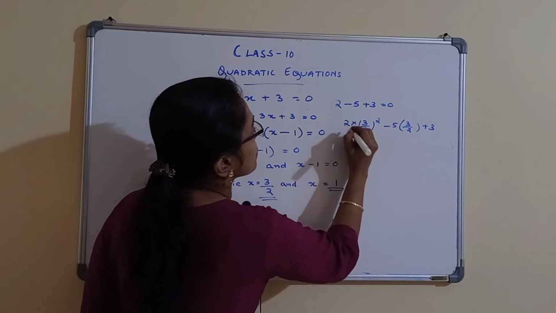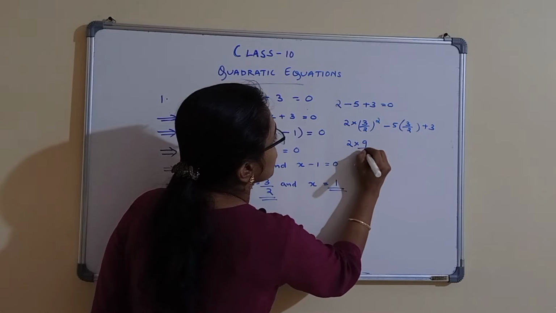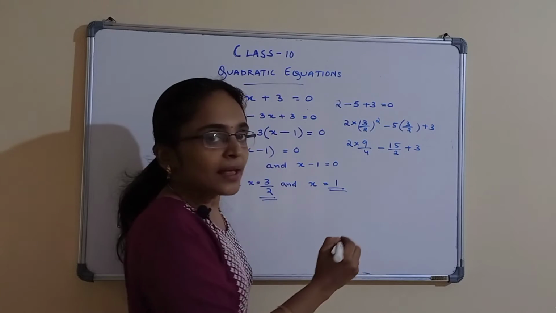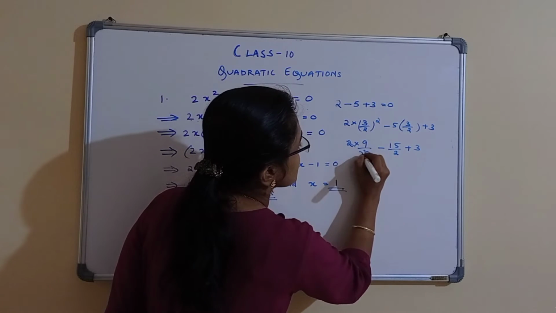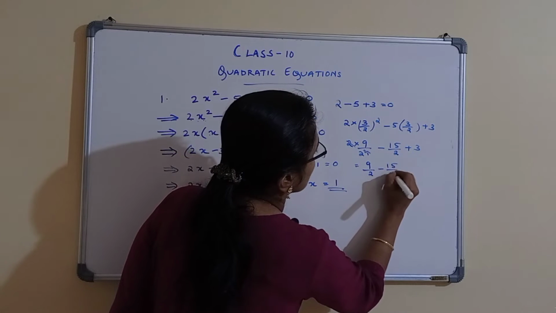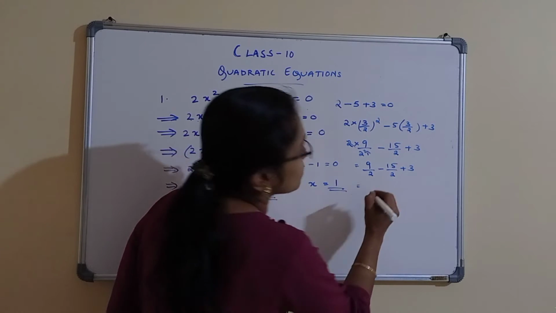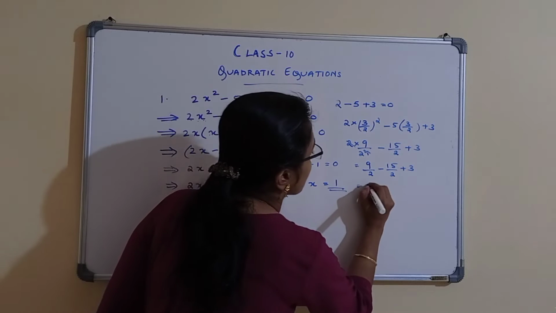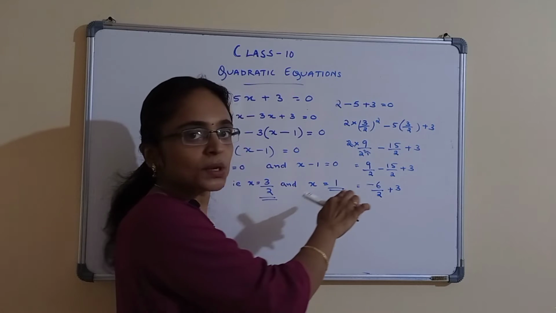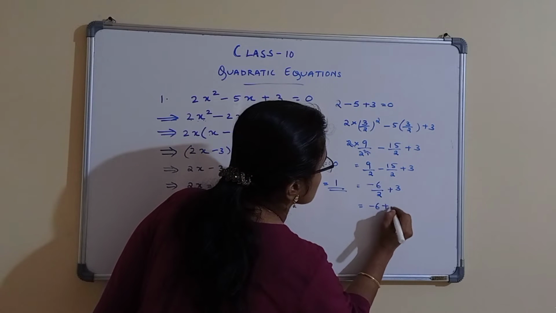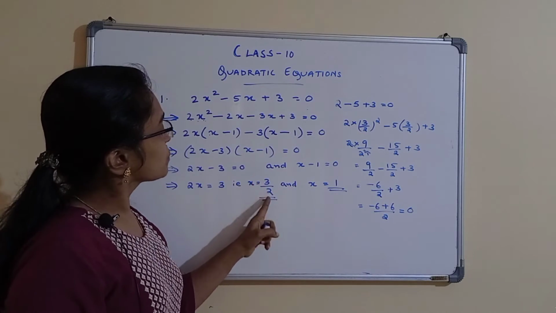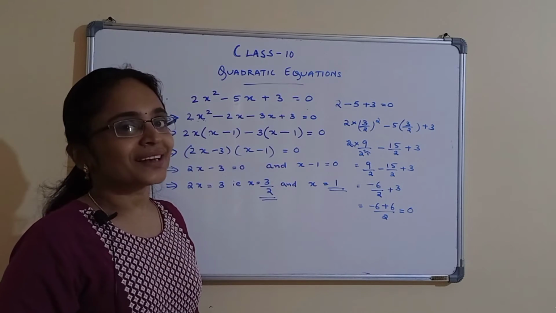So 2 into 9 by 4 minus 15 by 2 plus 3, which is 9 by 2 minus 15 by 2 plus 3. 9 by 2 minus 15 by 2 is minus 6 by 2, plus 3. So minus 6 plus 6 by 2 is equal to 0. So 3 by 2 is also a root of this quadratic equation.